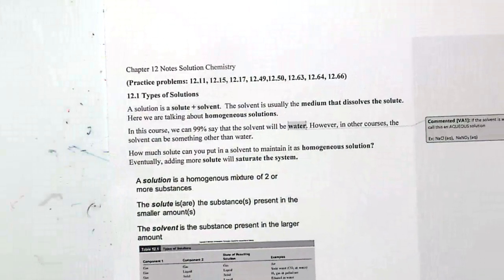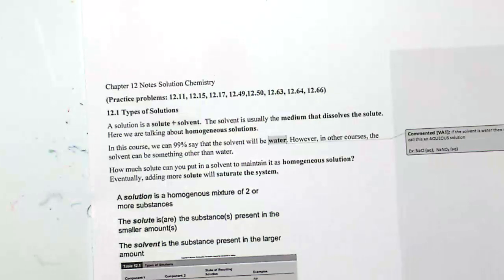Chapter 12 has to do with solution chemistry. I have here underneath me in the drawer 2 beakers. One beaker is just a beaker of water, nothing big, nothing fancy.